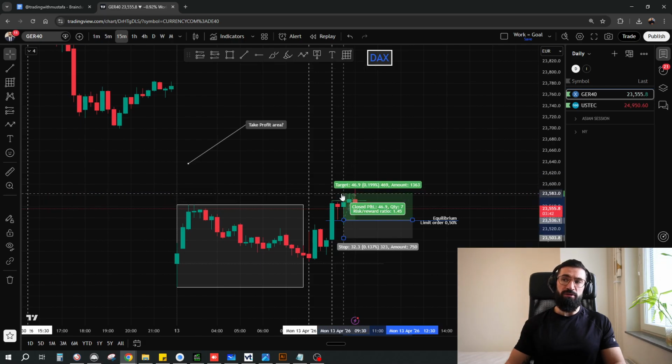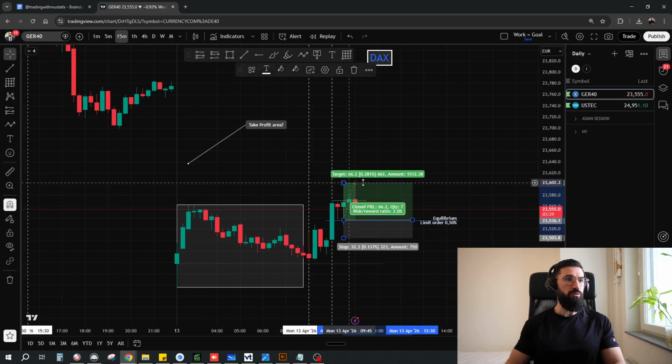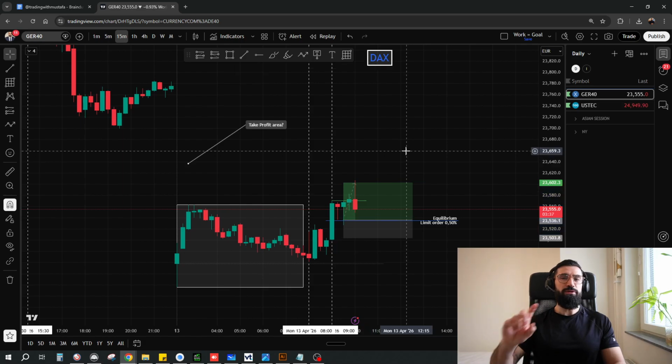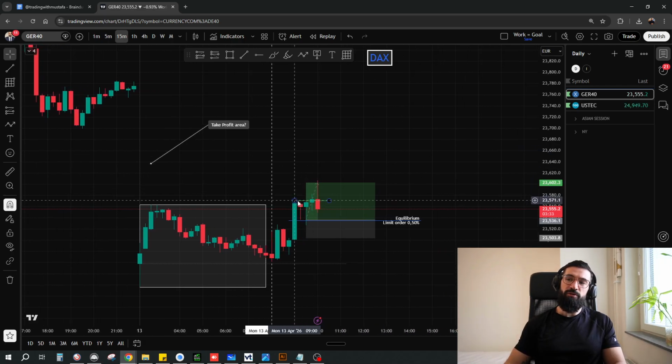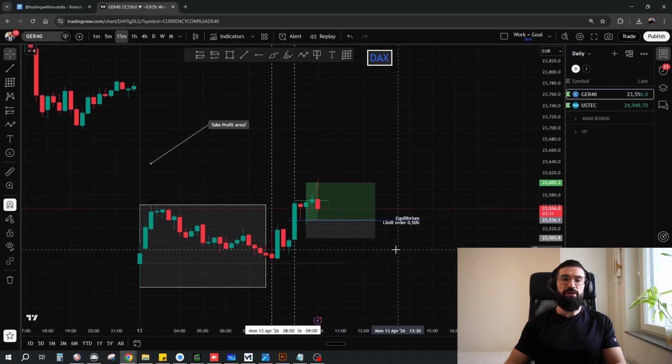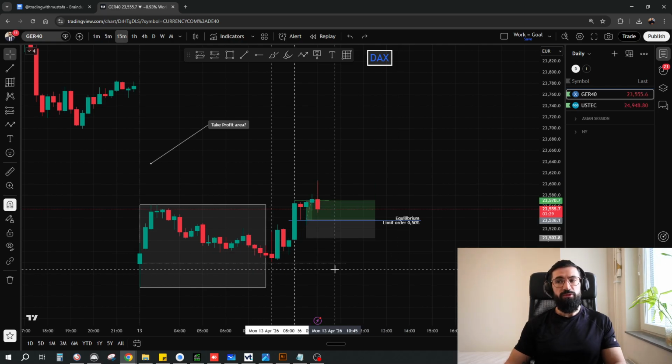This could easily be a 1 to 2, right? But there is a higher probability of it stopping at the first liquidity area and switching direction to the downside. So I'd rather take a 1 to 1, pay myself first, and then get out of the trade. This is a trade breakdown of the trade that I'm doing.